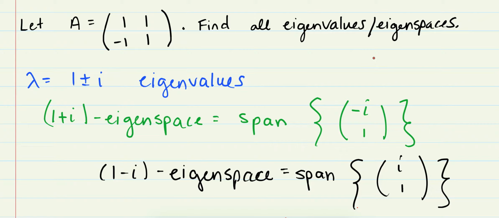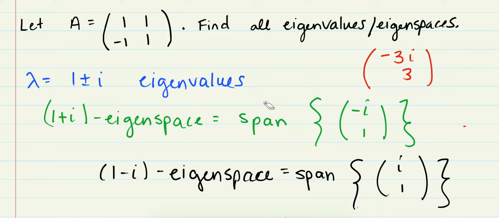So if we had something like (-3i, 3), that's just this one being multiplied by a 3.